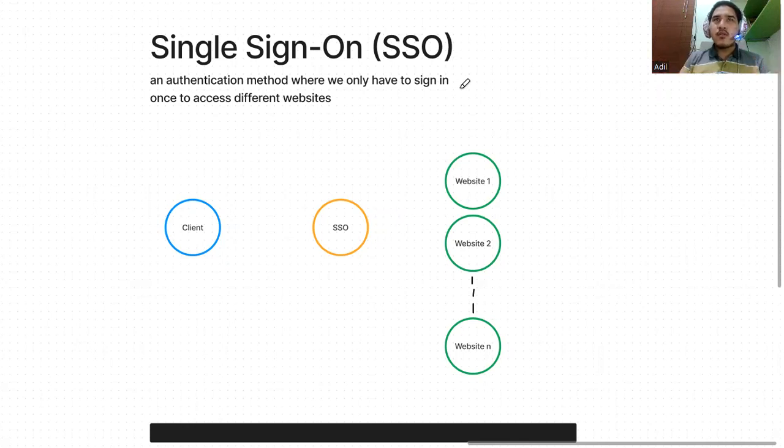Now, first, let's define what SSO is. SSO is an authentication method where we only have to sign in once to access different websites. For example, let's say we have a client here and we also have many websites, like there are n websites here.